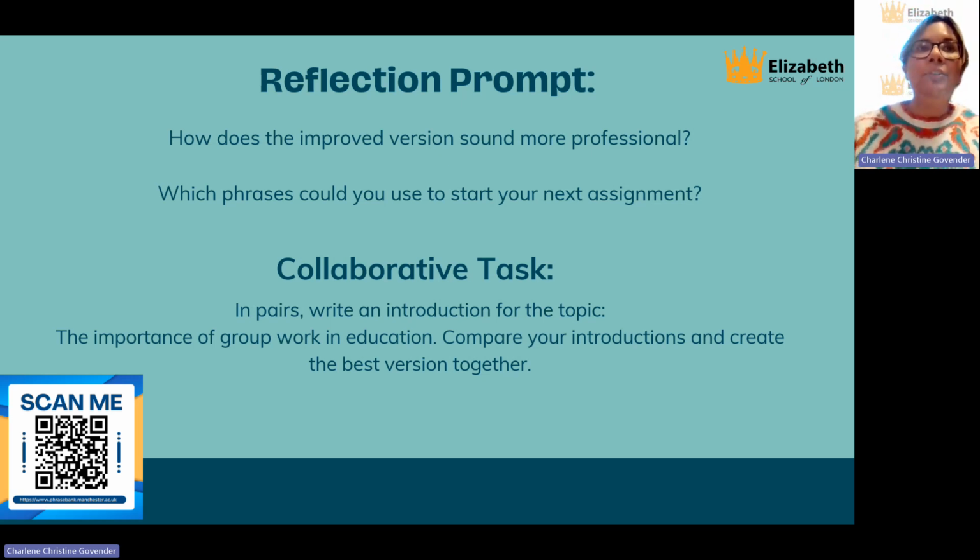And then as you would delve into it in your body, that will deal with your positives, negatives. But for the introduction, it's only going to be focusing on this is my topic. This is what I will cover in the rest of my theoretical essay. Okay, so we just want you to think about how you would do that, and then you can swap with your friends once you are done.